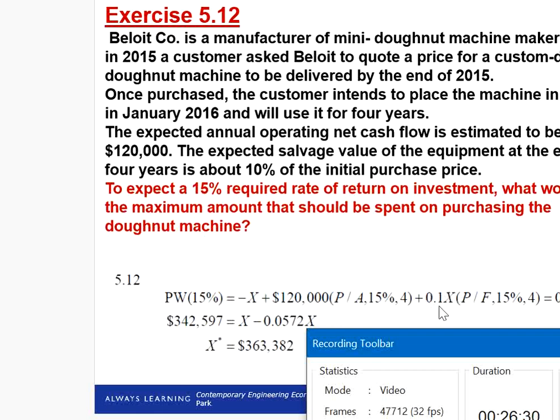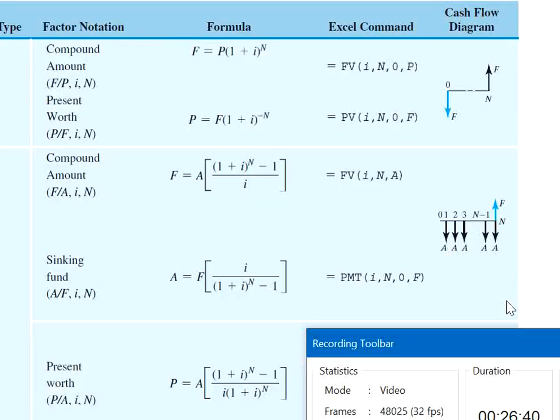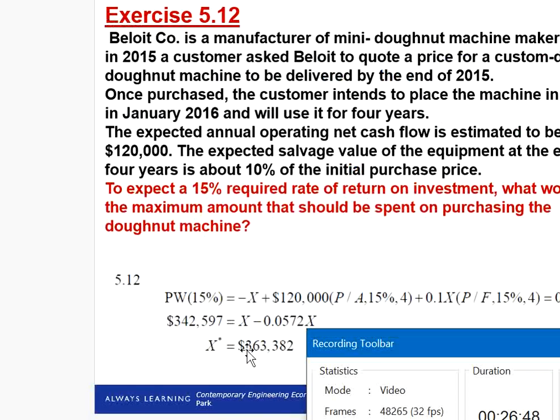This is basically F. 0.1 X is the F, and then this is the interest rate I, and using this formula we can calculate P. Just solve it again. You should get this number as the maximum amount we must pay.